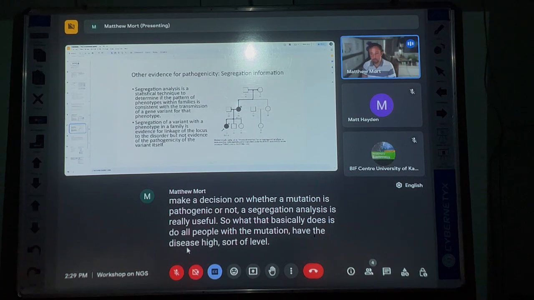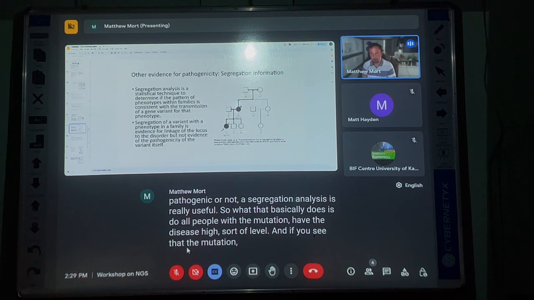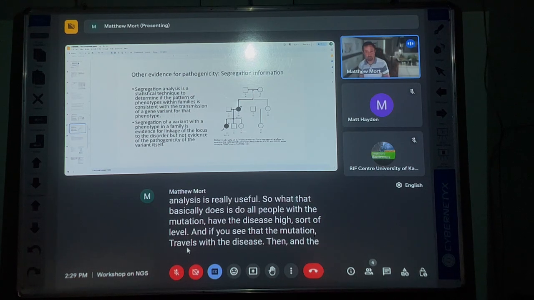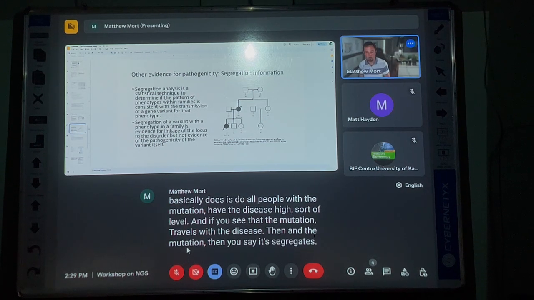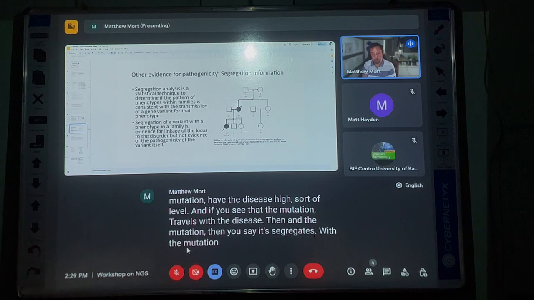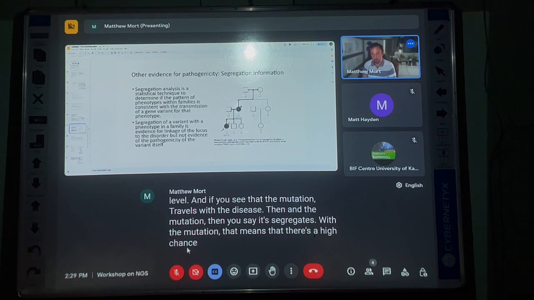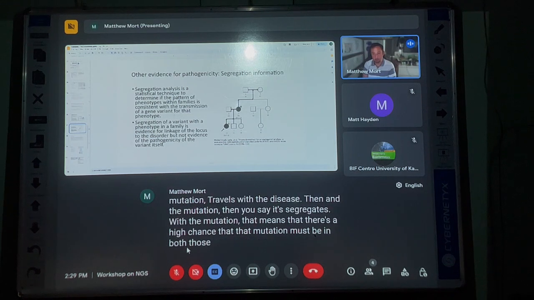And if you see that the mutation travels with the disease, you say it segregates with the disease, that means that there's a high chance that that mutation must be in both those people. It's got to be, basically.